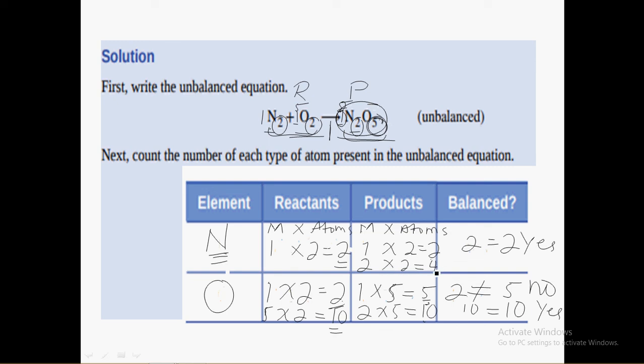So 2 times 2 is equal to what? 4. Is it balanced? No. 2 is not equal to 4. Which is smaller? Here is smaller. We can change here into 2.